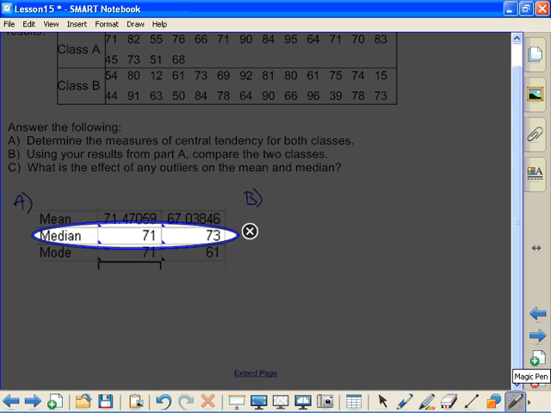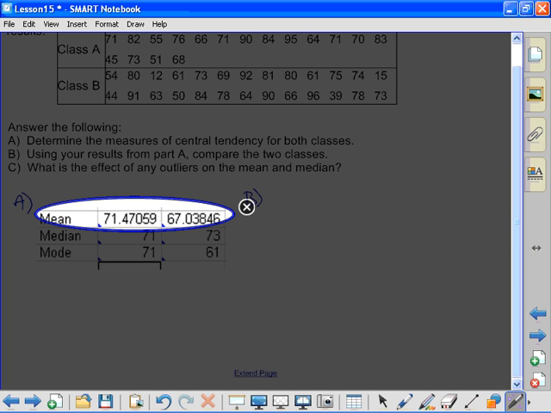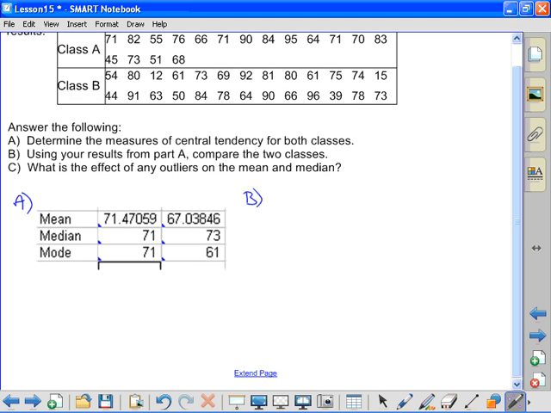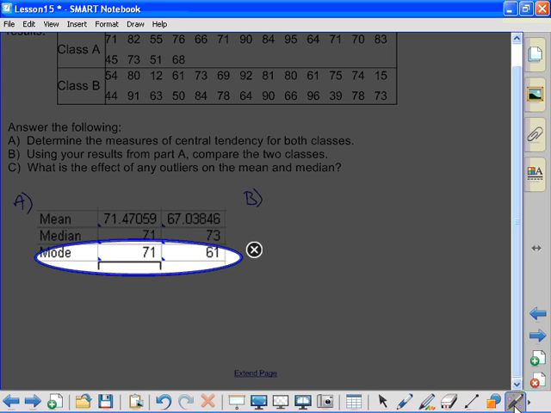The medians, 71 and 73, are fairly close, so it indicates that Class B did better. If we look at the mean, 71.47 versus 67, it would indicate by the mean that Class A did better. And for the mode, 71 was the most recurring mark in Class A, whereas in Class B it was 61.